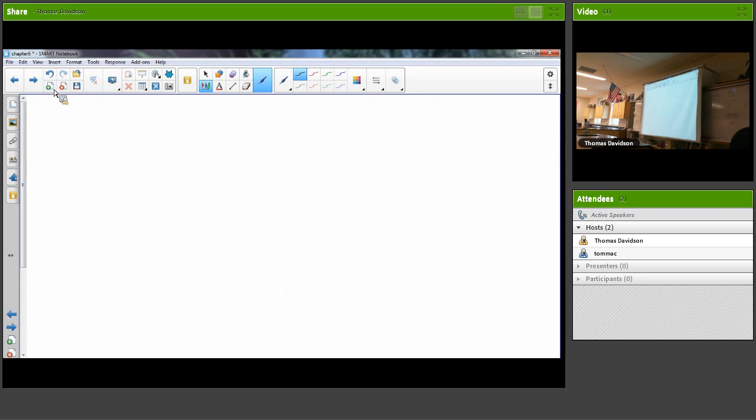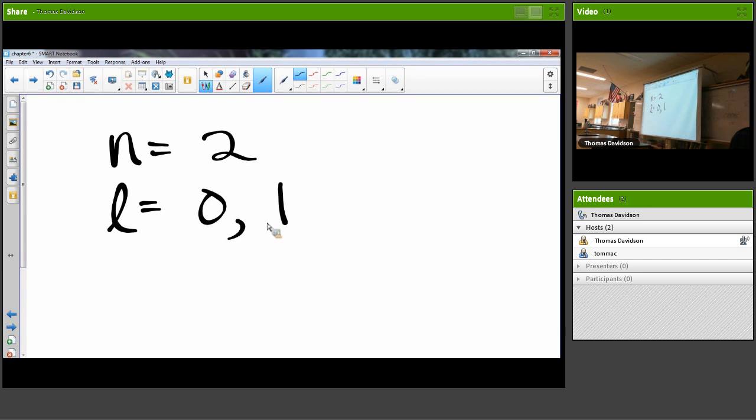So just real quick, if n equals 2, then L has 2 options that it could be, which are what? It could be 0 or 1. How come it cannot be 2? Because L is equal to n-1. You okay with that? If n equals 1, the only options are what then? Let me say it in a different way.